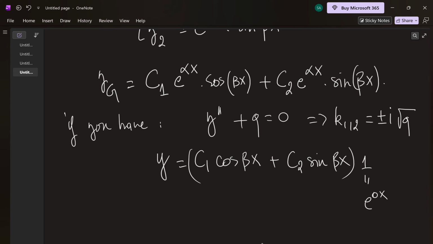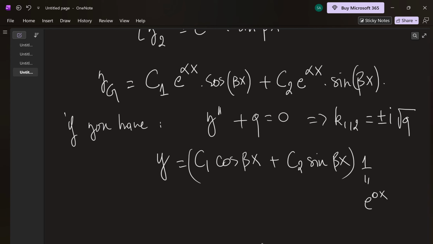Here we have a real double root. So in this case we have k1 is equal to k2, some real number.